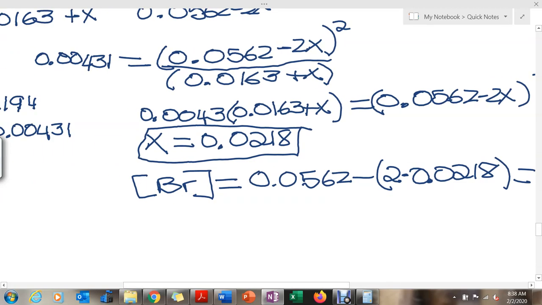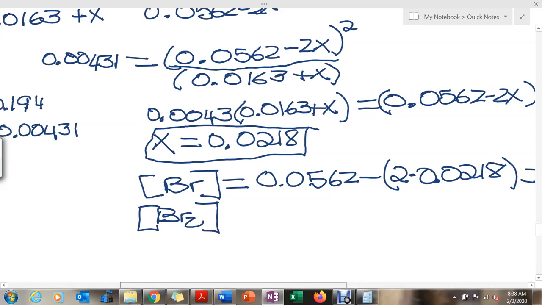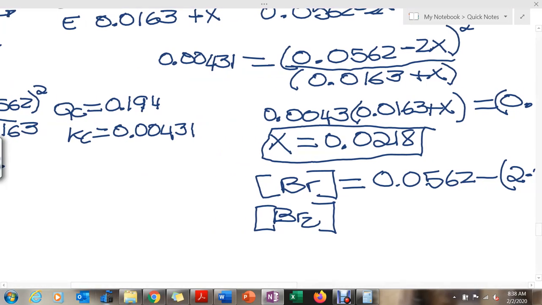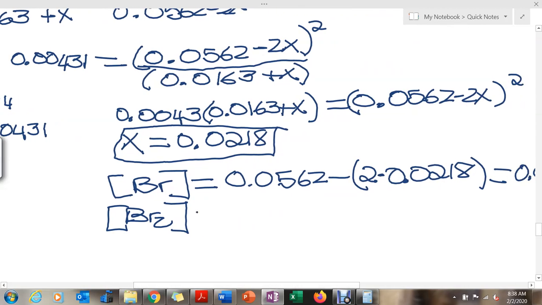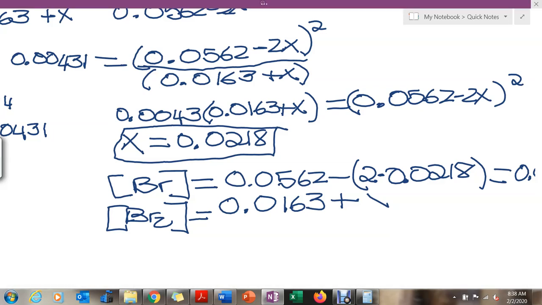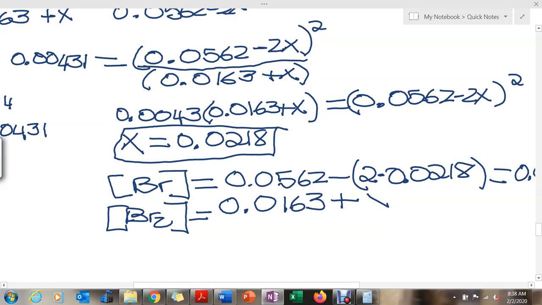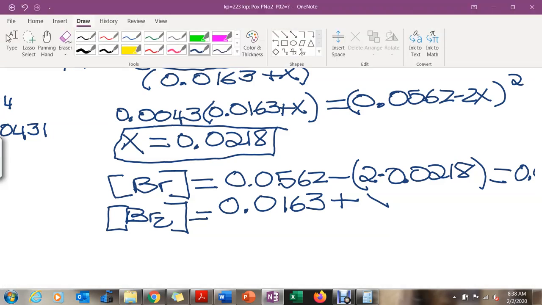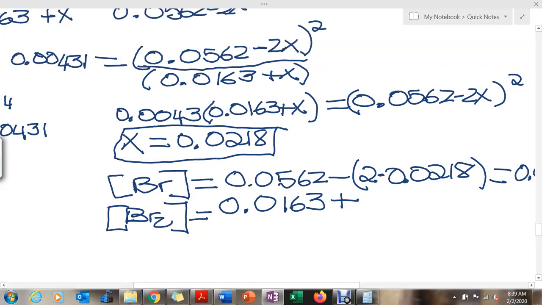And for Br2 would be 0.0163 plus x, and x is 0.0218.